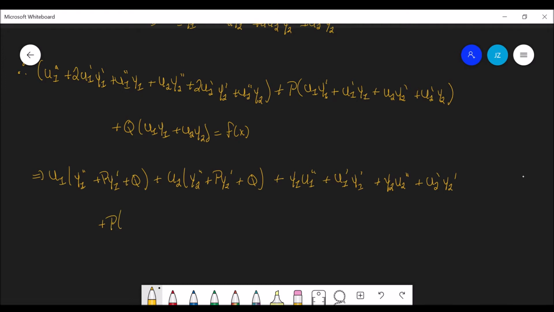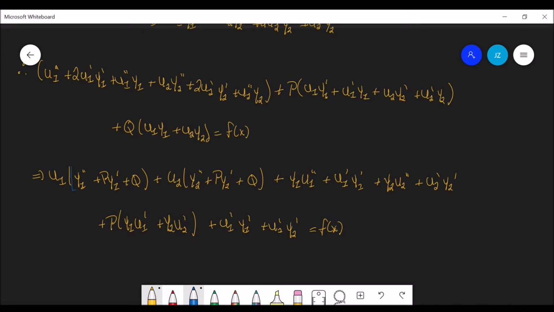Plus p times (y1 u1 prime plus y2 u2 prime) plus u1 prime y1 prime plus u2 prime y2 prime. Of course, this still equals f of x.